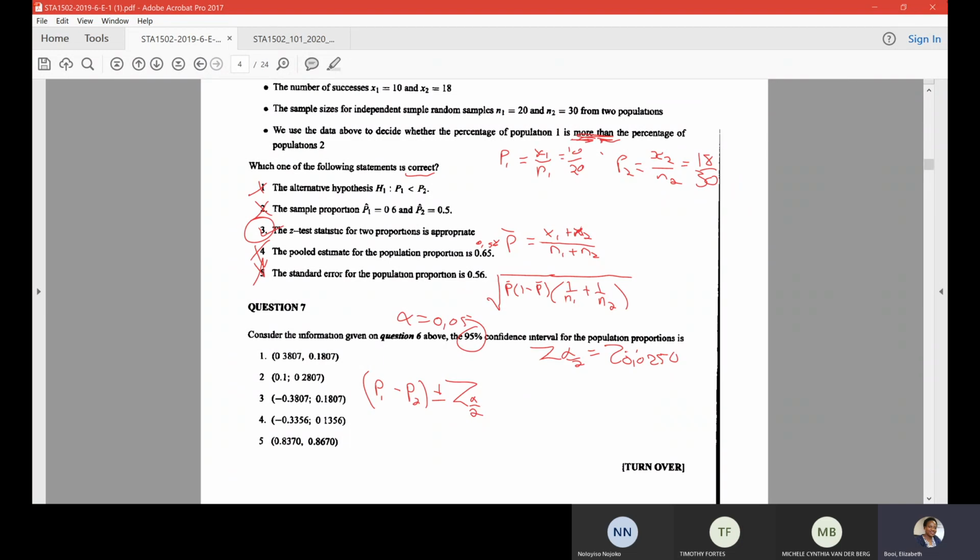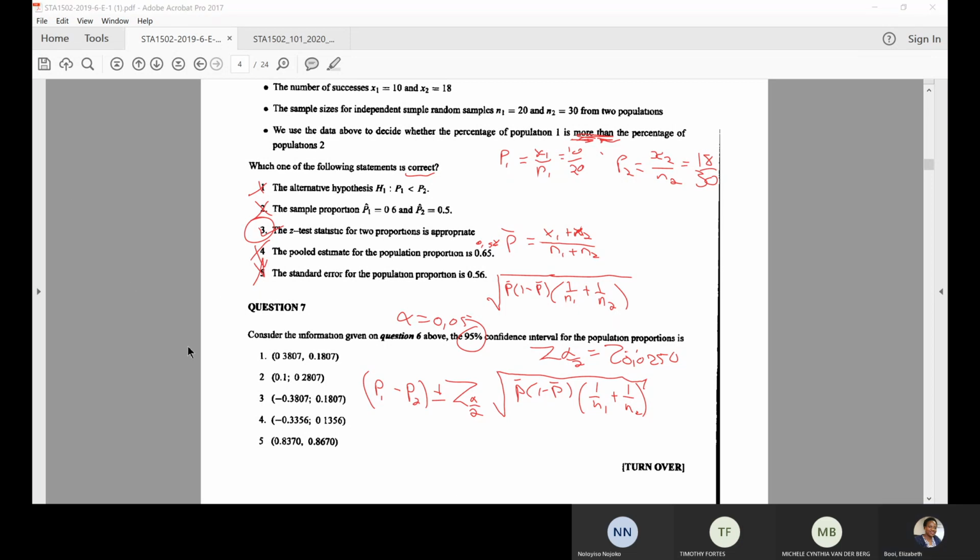So you will substitute the 1.96 times the standard error, which is the square root of the pooled proportion times 1 minus the pooled proportion times 1 over N1 plus 1 over N2. We will need to go and calculate that. And since I took a shortcut and did not calculate the standard error, let's go and calculate the standard error.